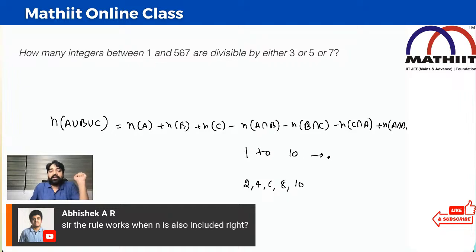Now let's do it by this method. 10 by 2, the greatest integer of 10 by 2 is 5. So remember, it will always include n.